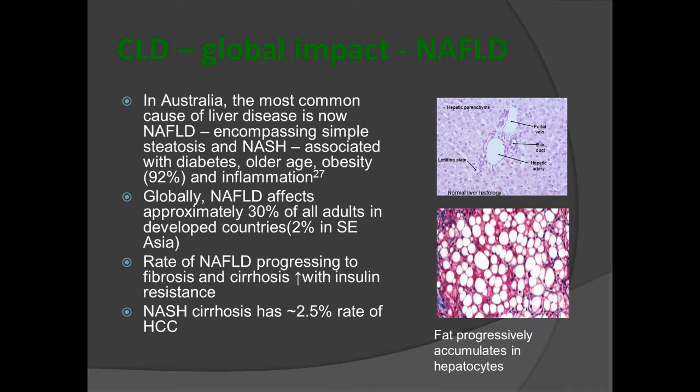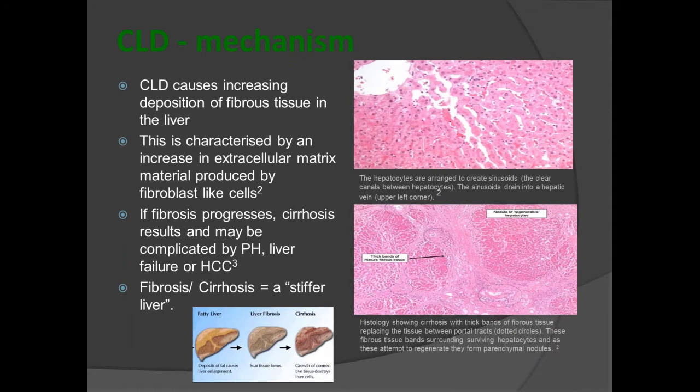The other thing about non-alcoholic fatty liver disease is that particularly in patients who are insulin resistant, they have a high risk of going on to develop cirrhosis. But interestingly enough, the rates of going on to develop HCC are actually much lower than Hep B and Hep C, and we'll discuss those later on.